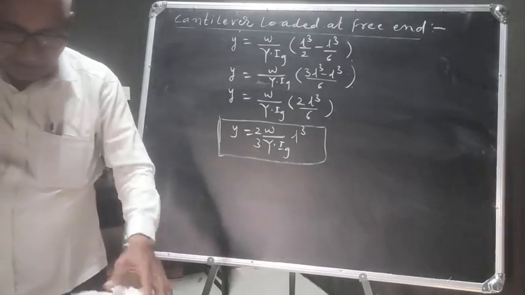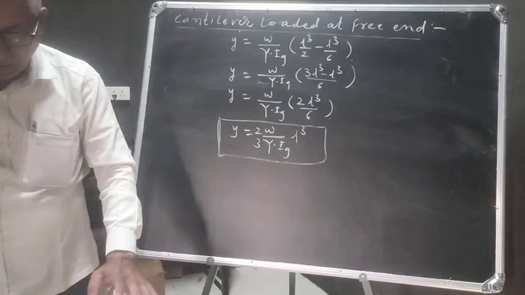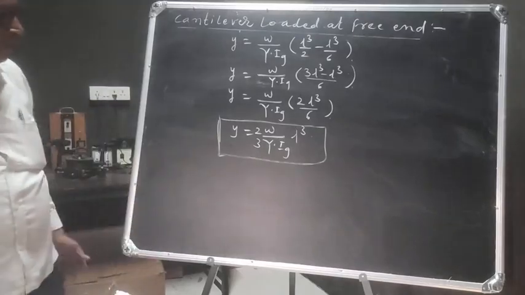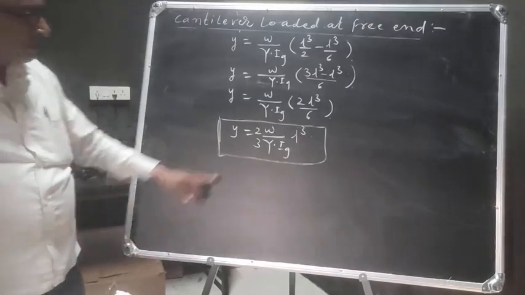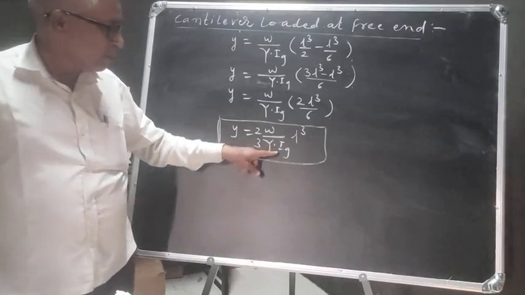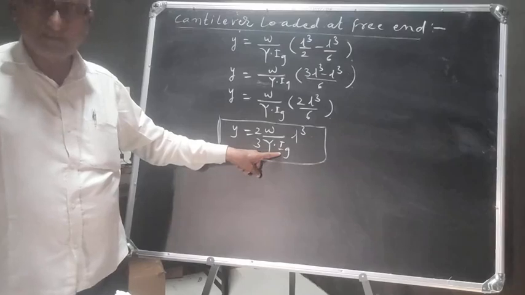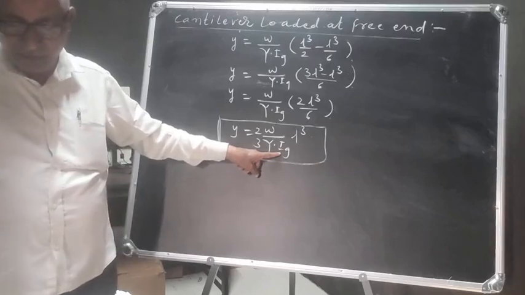We know that in this equation, Y is the Young's modulus and Iz is the geometrical moment of inertia.